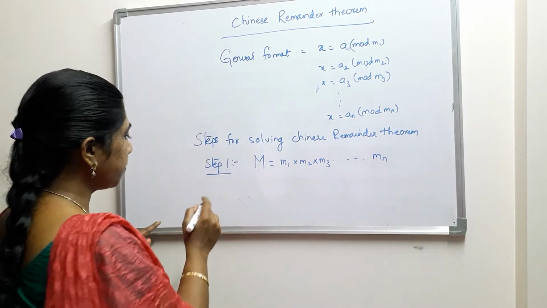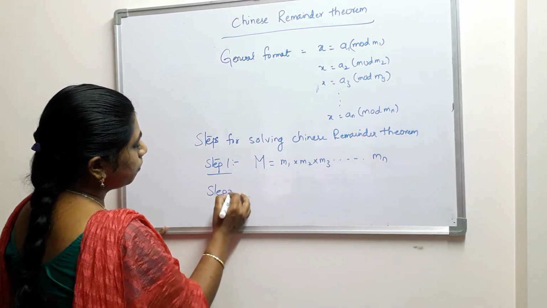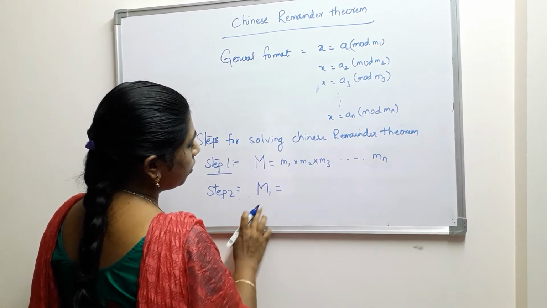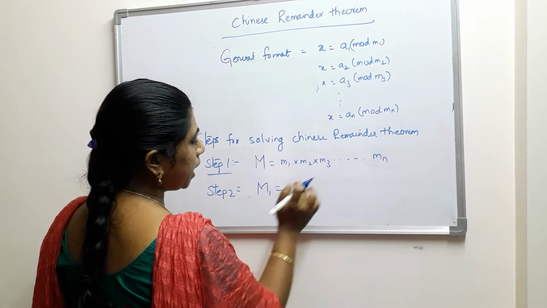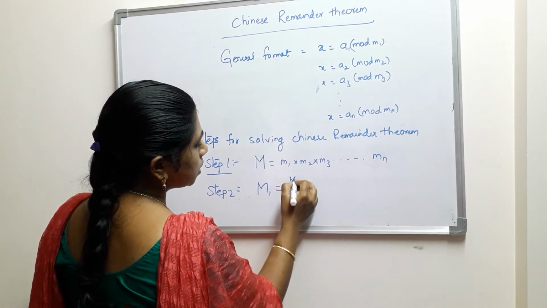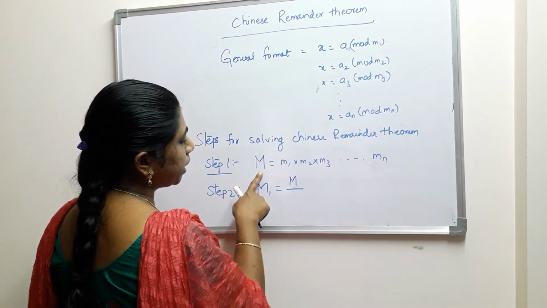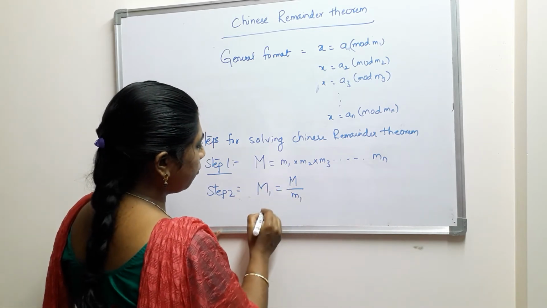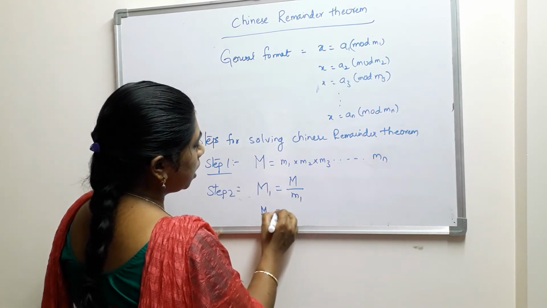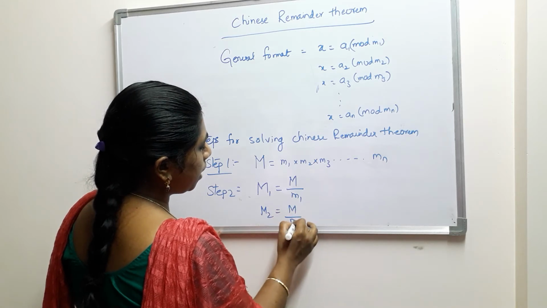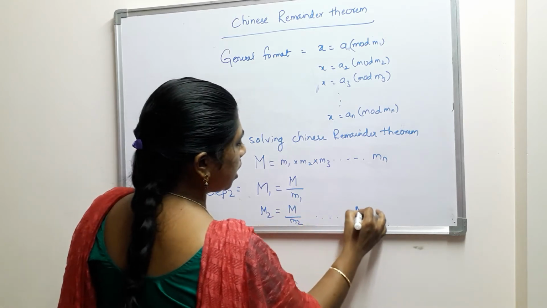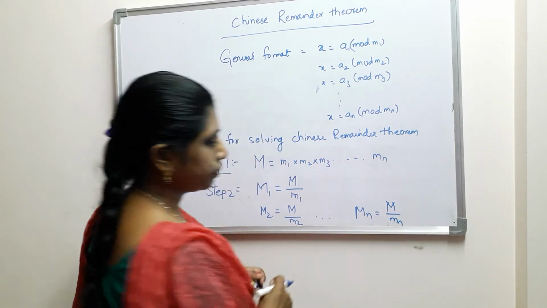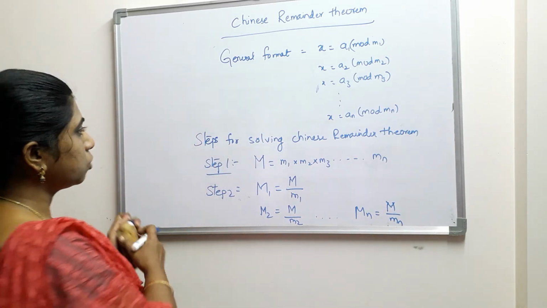This is the first step. Coming to step 2, we need to find each value: when you take the consolidated multiplication value m, divided by each individual mod value. So M1 is equal to m by m1, M2 is equal to m by m2, and so on, Mn is equal to m by mn.